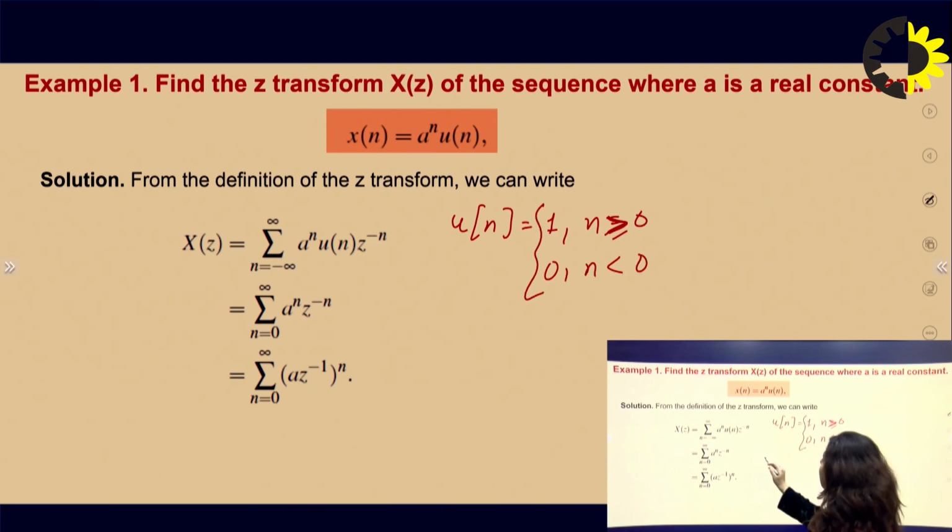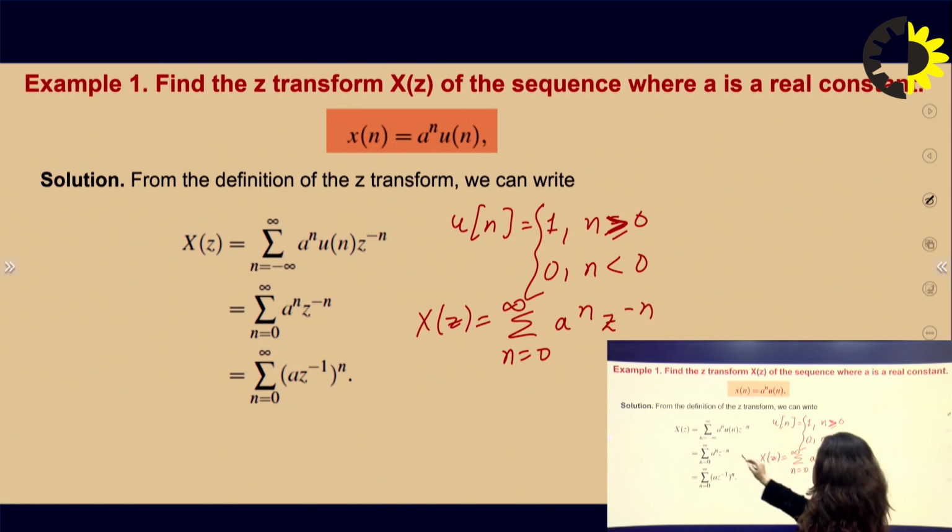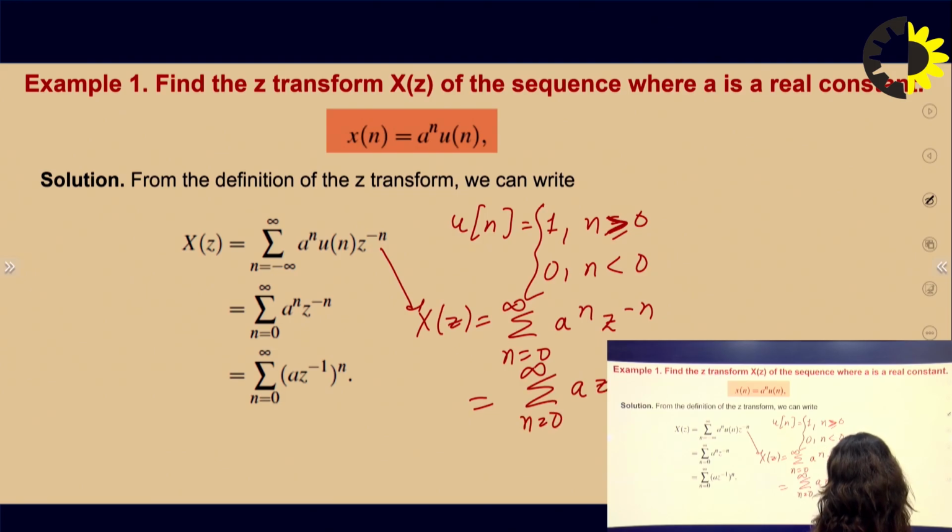So we have X(z) as the sum from n equals 0 to infinity of a^n z^(-n). When you solve it, this is the sum over n from 0 to infinity of (a z^(-1))^n, which is 1 plus a z^(-1) plus (a z^(-1))^2 and so on.